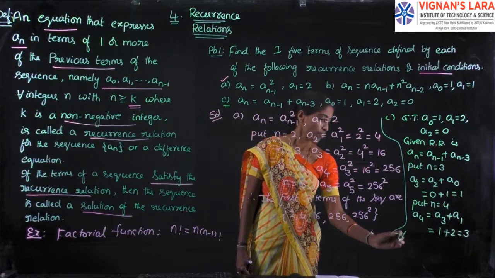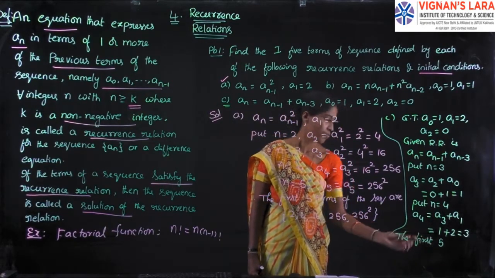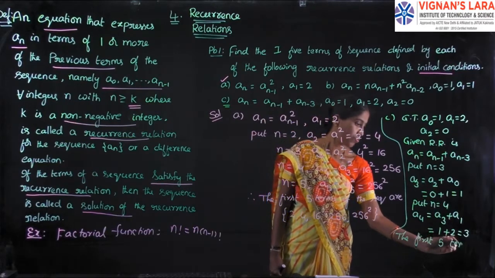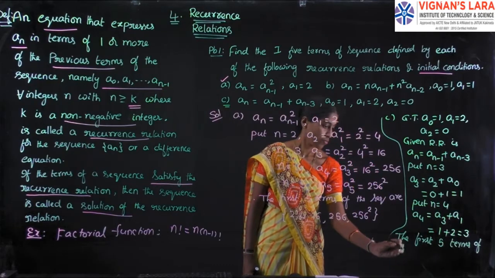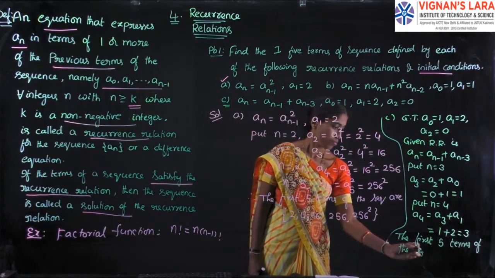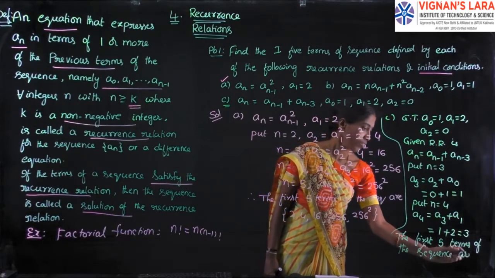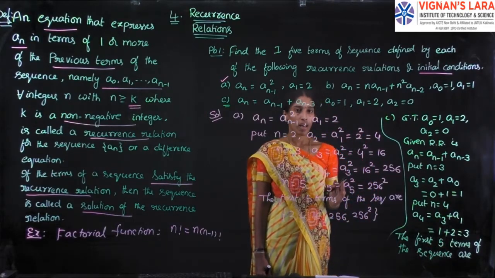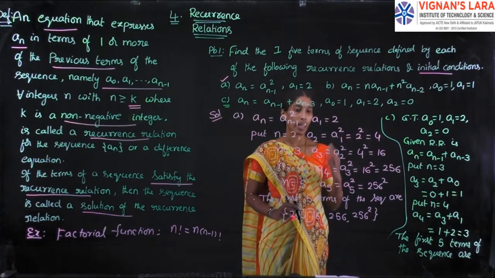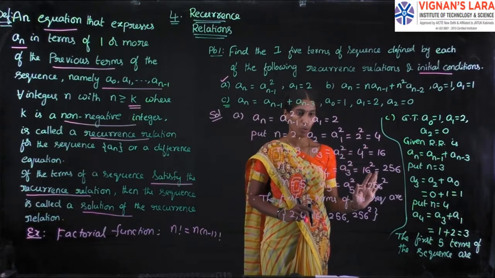So the first 5 terms of the sequence are, here the sequence starts with A0, so 5 terms means we have A0, A1, A2, A3, then A4 only, right?